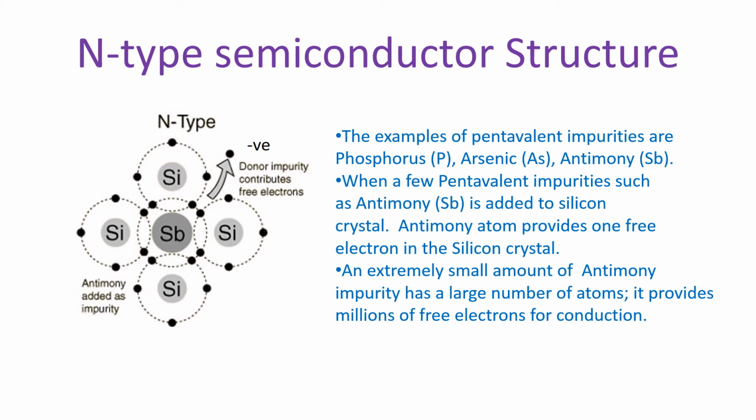So antimony has 5 valence electrons, which contribute 4 electrons in neighboring electron pairs, and 1 electron the antimony atom gives or donates, just like a donor impurity.